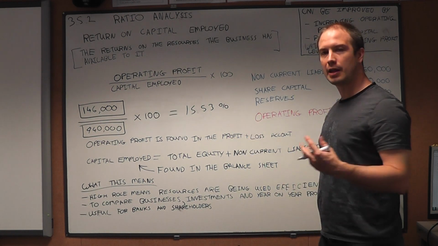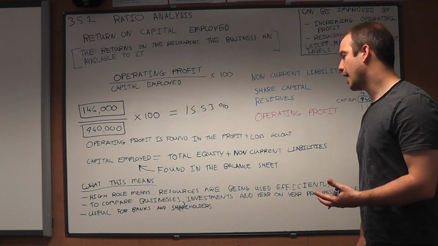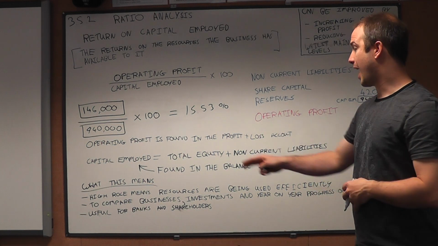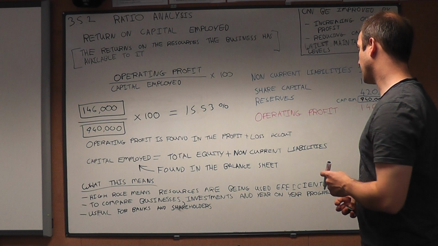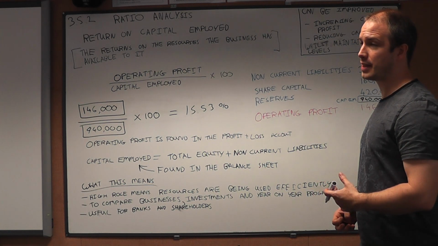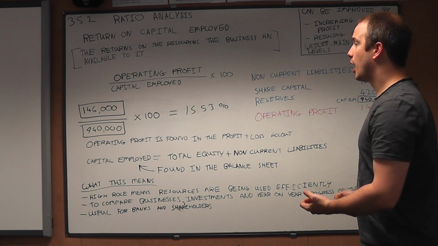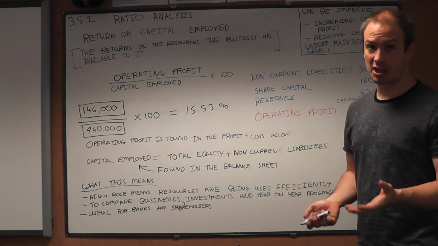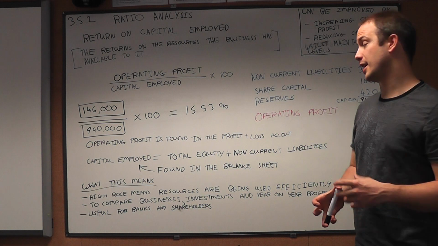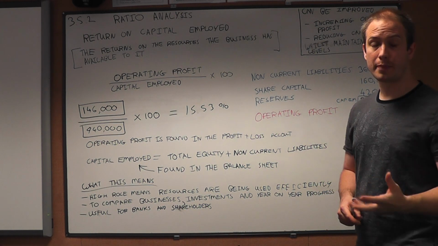So what's important about this is how you use it to compare it to other businesses and potential ventures. So let's come down to what this means. A high return on capital employed means resources are being used efficiently. So what that means is for every pound it's turning a bigger return. It means that it's a much more efficient business. The other thing you can do with this is compare it to other business investments.